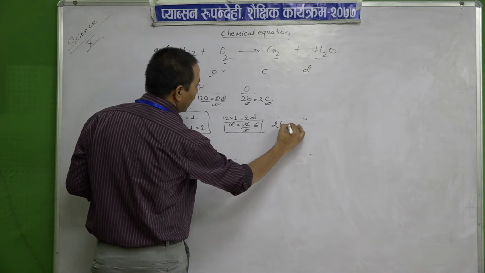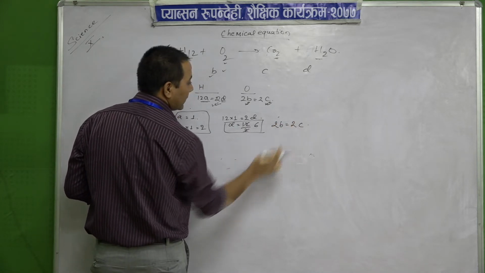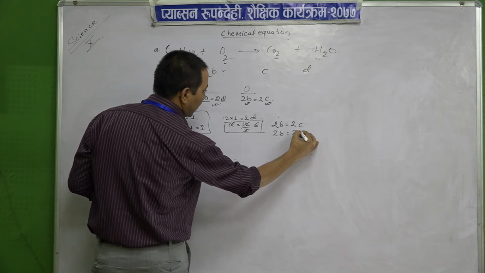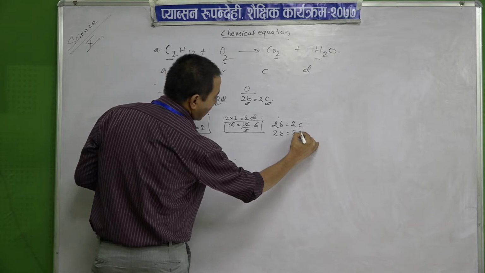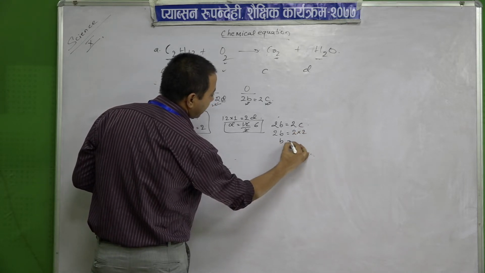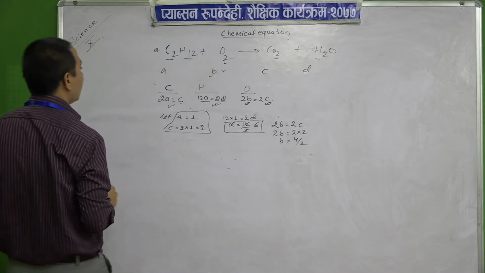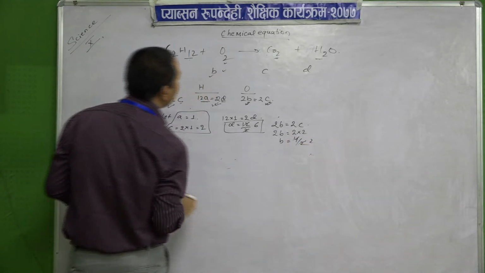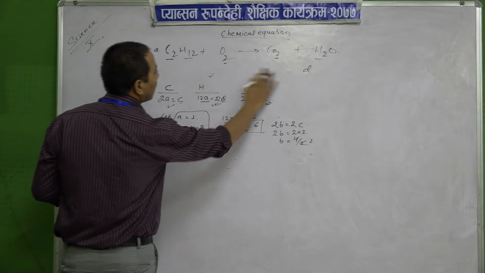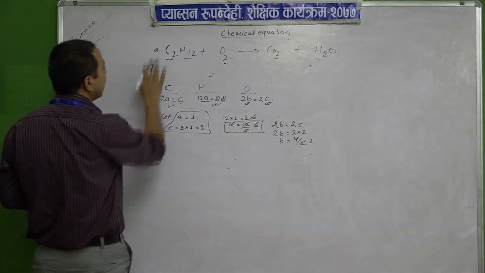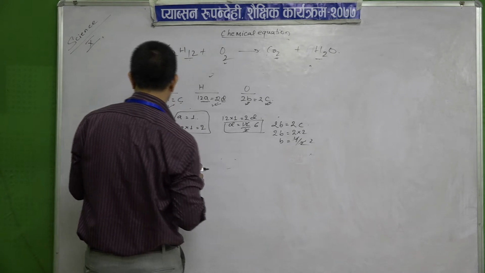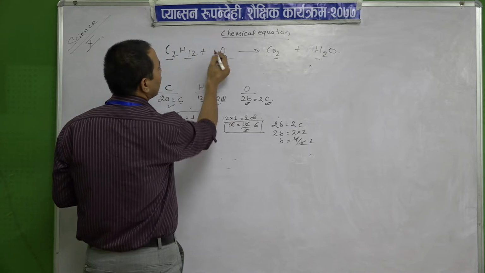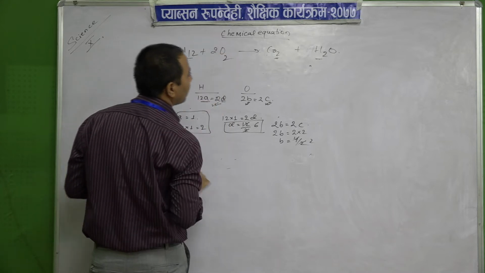Now again, 2B equals 2C, then C is 2, so B equals 4 upon 2. 4 upon 2 means 2. So what will be A? There is nothing. Then O2 B becomes 2, 2 2s are 4.